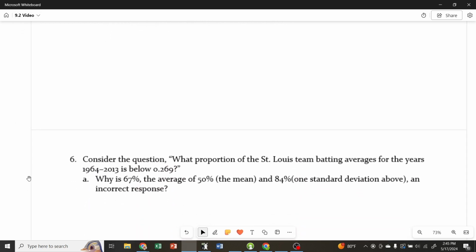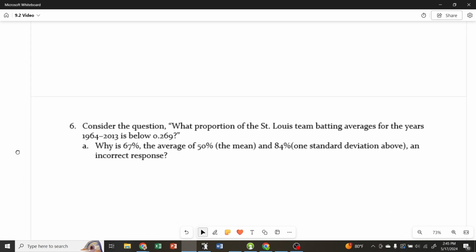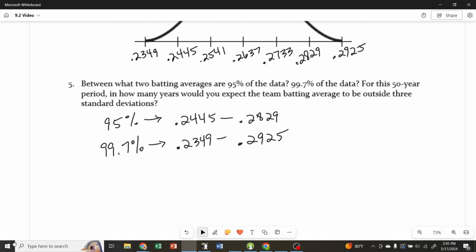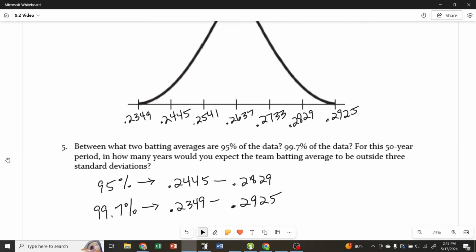Alright, so what proportion of the St. Louis team batting averages for the years 1964 to 2013 is below 0.269? First thing is, why is 67%, the average of 50 and 84, one standard deviation above, an incorrect response? Because the data itself does not necessarily coincide to that value.